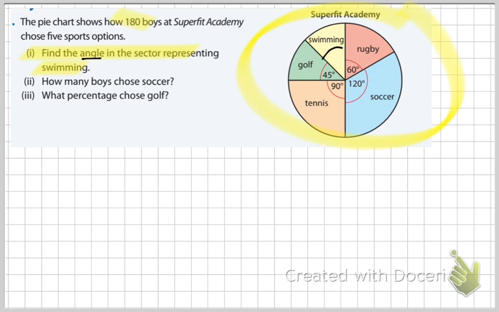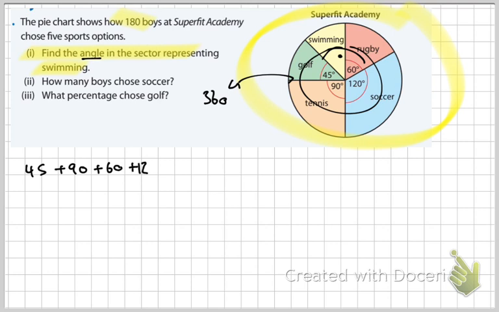So what degrees is in there? Well, I know that a full circle, so all of these together, has to add to 360. So I know that 45 plus 90 plus 60 plus 120 plus what I'm missing, which I'll call x, has to give me 360 degrees.